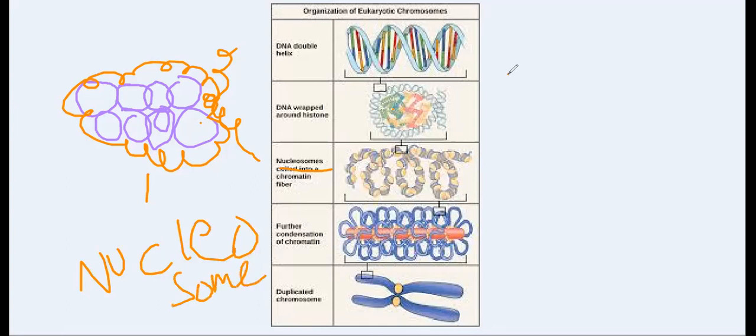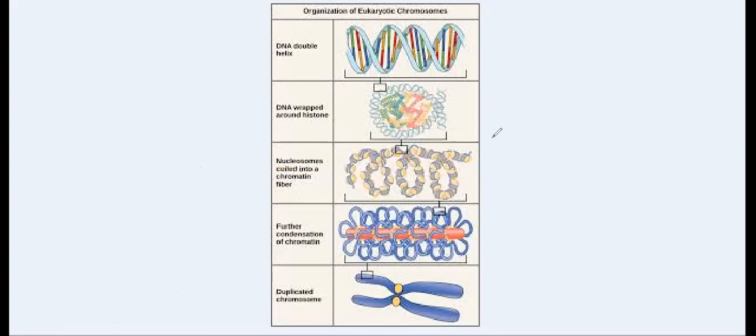A nucleosome means 8 histones plus DNA forms one nucleosome, and many nucleosomes like this get coiled and supercoiled. You can see they are coiling. If you observe this image, you can see the telephone wire is coiled. This is called coiling.